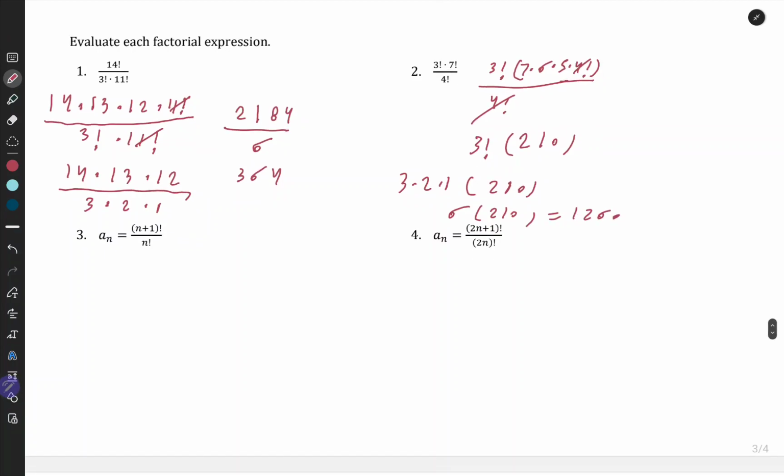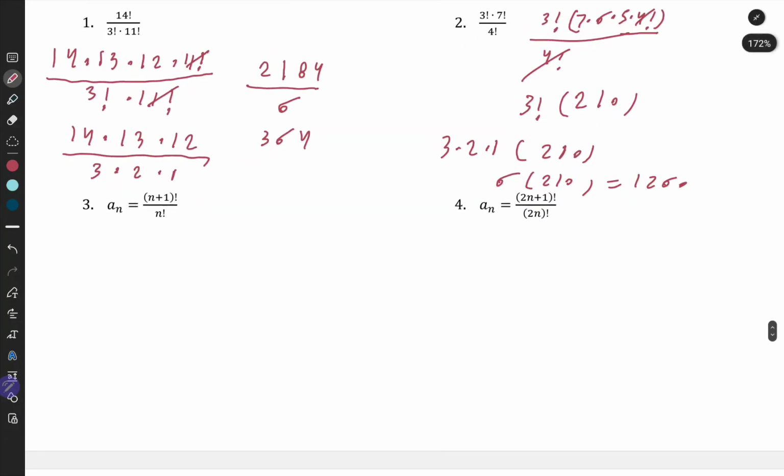Now that we have that, let's see what this thing is, because clearly this is a different thing that we are approaching here. Number 3 here, we see, okay, what am I going to look at? A of n. We need to solve for a of n.